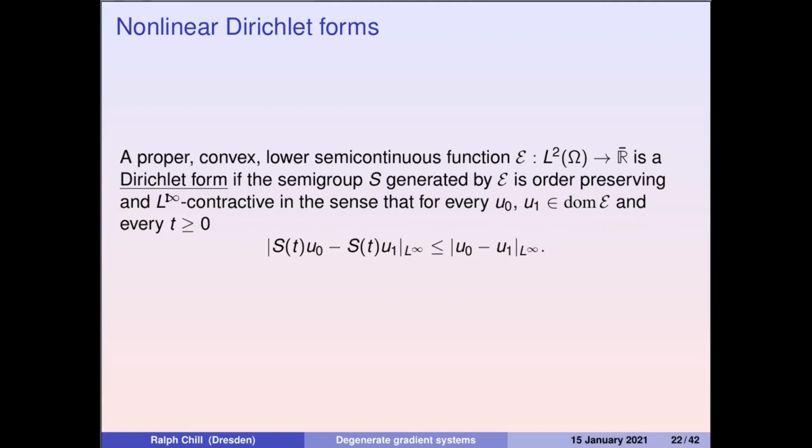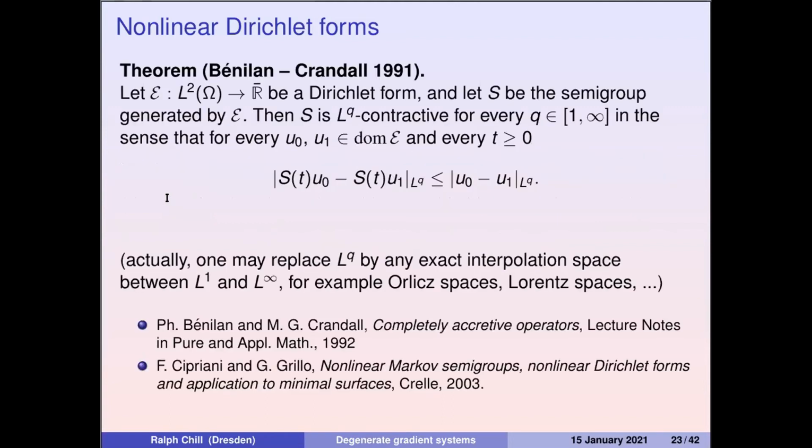Here's the definition of Dirichlet form. That's just characterized by the order preserving. The semigroup should be order preserving and L-infinity contractive. Let's go to an application where we have a Dirichlet form. You don't only have a semigroup on L2 space, but on all Lq spaces.